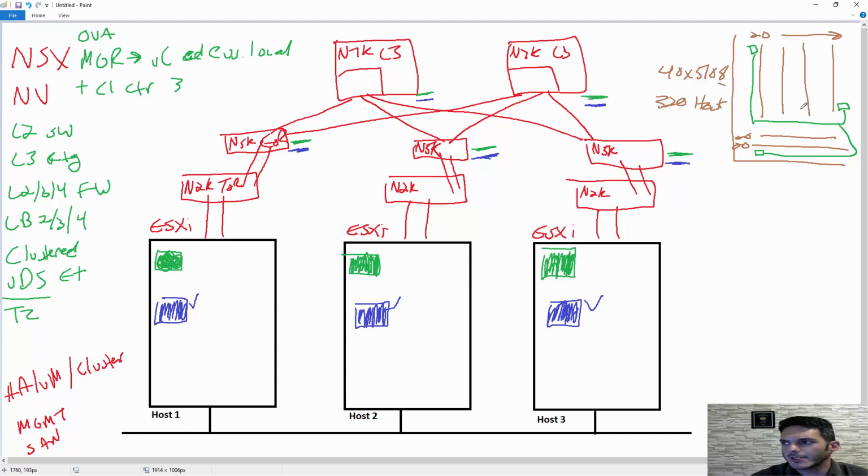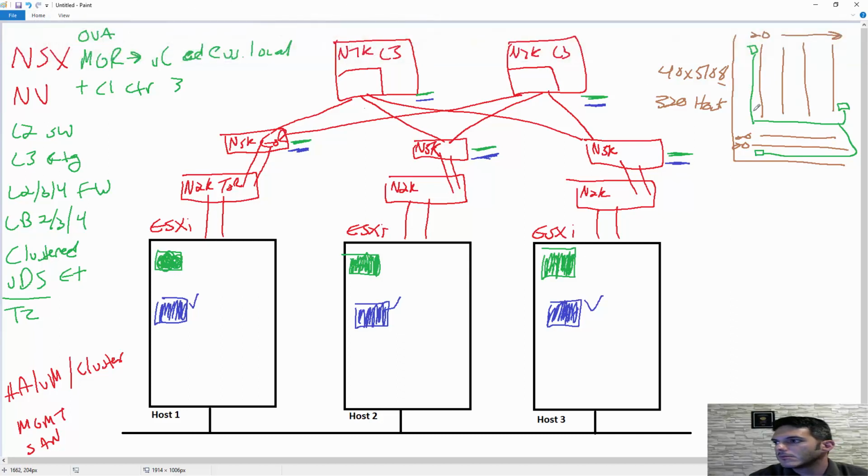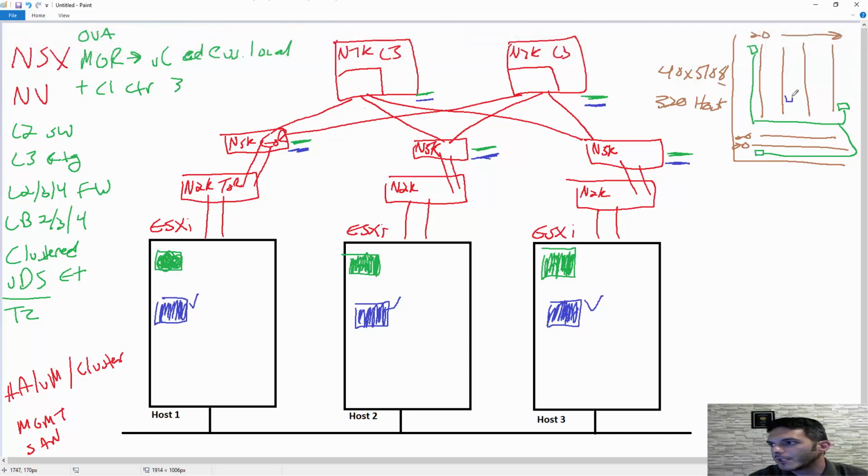Now, in a situation like this, that would work. The same thing happens for blue. Actually, that's the wrong color, blue. Same thing for blue. Say I have a blue VM here, a blue VM here, a blue VM here, and a blue VM over here. Right? That means that all these guys have to be interconnected as well. So I have to have this guy connect to this guy, and this guy connect to this guy, and then this guy's got to squeak up through here.